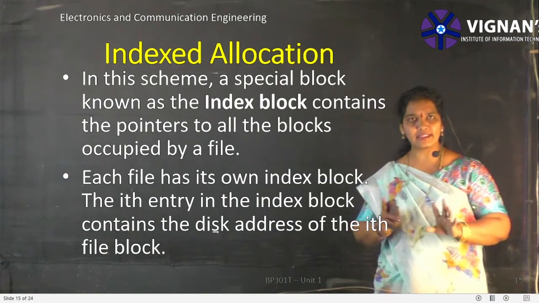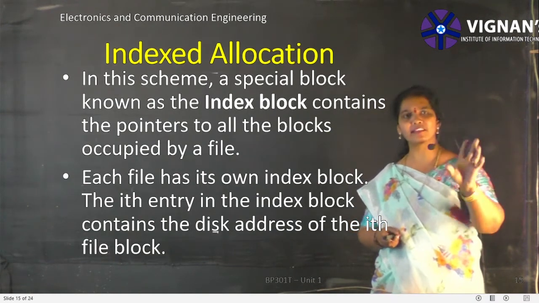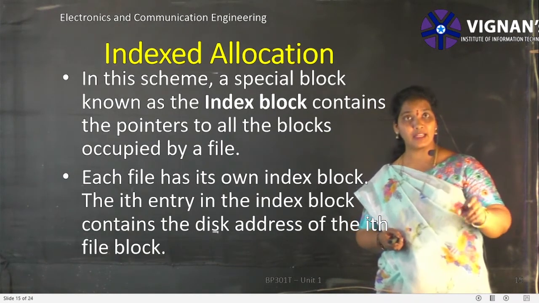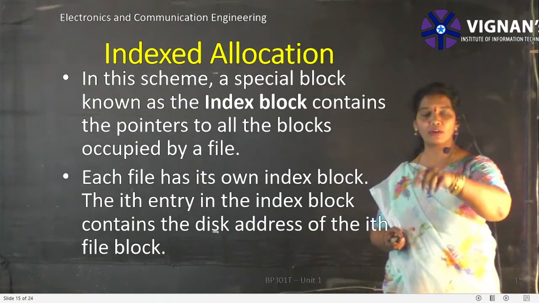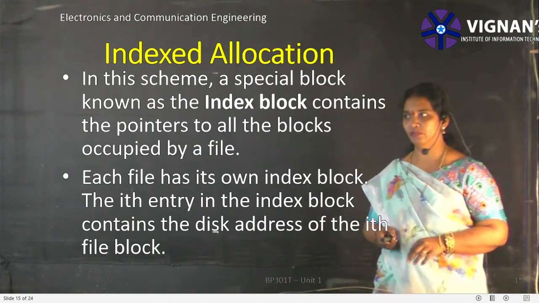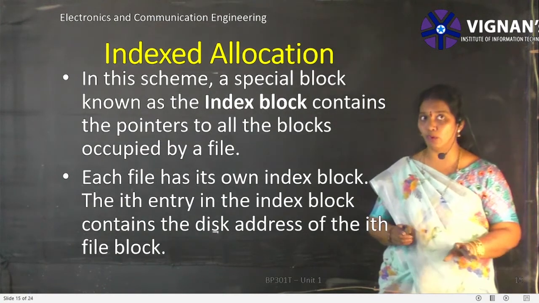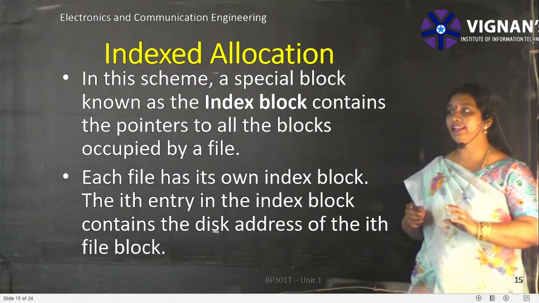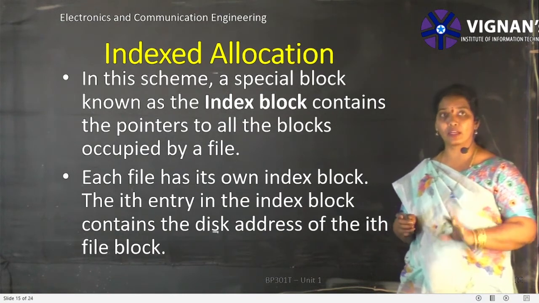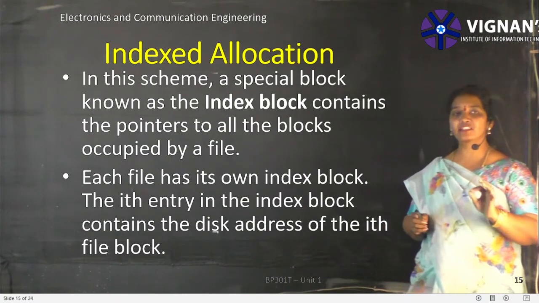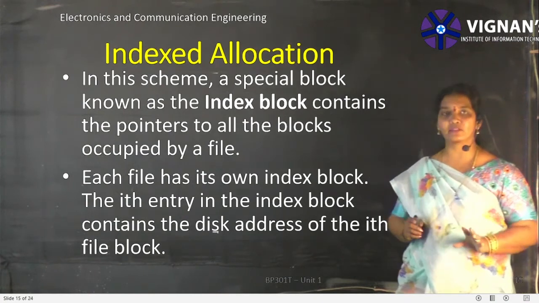Here it is not like that. Here a separate index is created, where the indexes to all the blocks are kept. So in this scheme, a special block known as the index block contains the pointers to the blocks occupied by the file. Each file has its own index block.